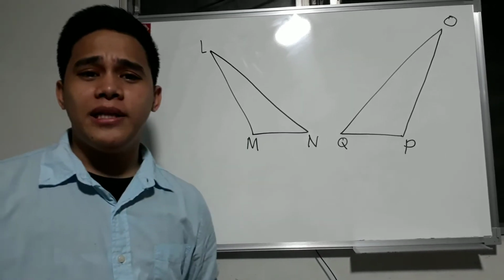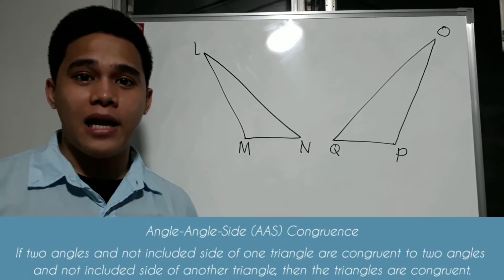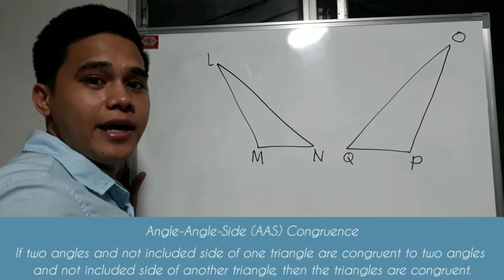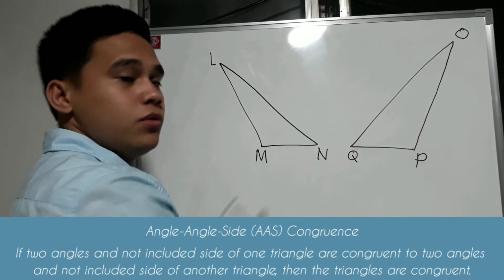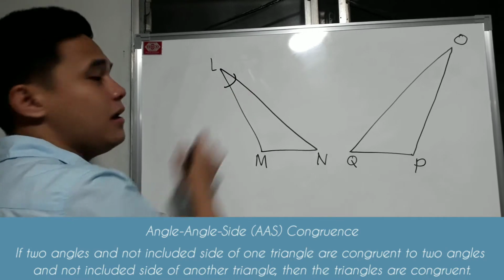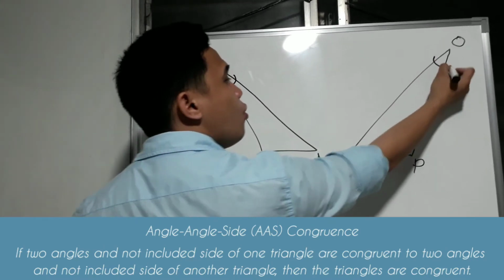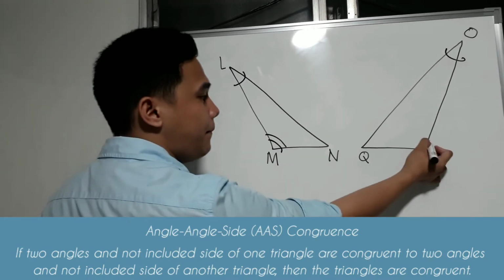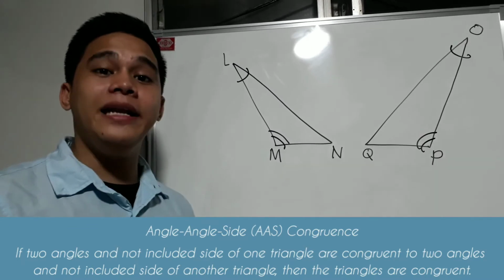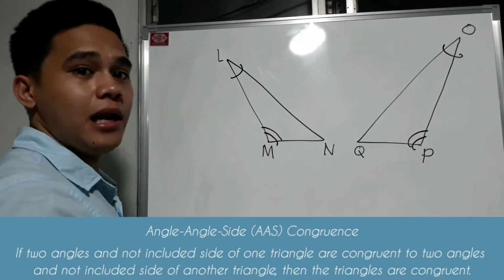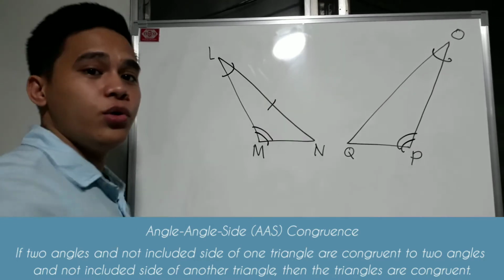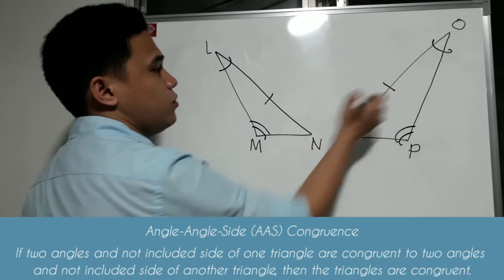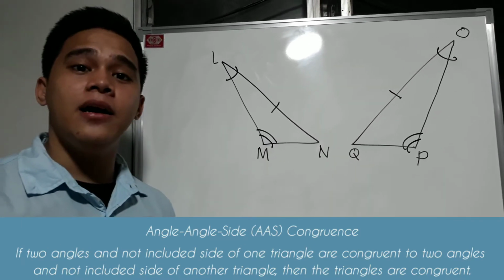So this postulate states that if we have two triangles, let's say the first triangle is the triangle LMN and the second triangle is the triangle OPQ, and if angle L is congruent to angle O and angle M is congruent to angle P, and the non-included side of this first triangle, which is LN, is congruent to the non-included side of the second triangle, which is OQ, then these two triangles are congruent.